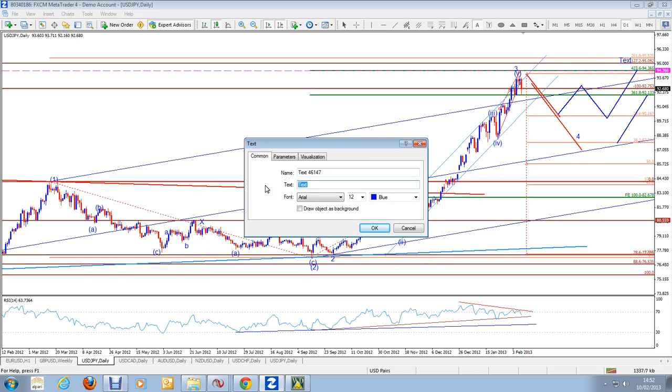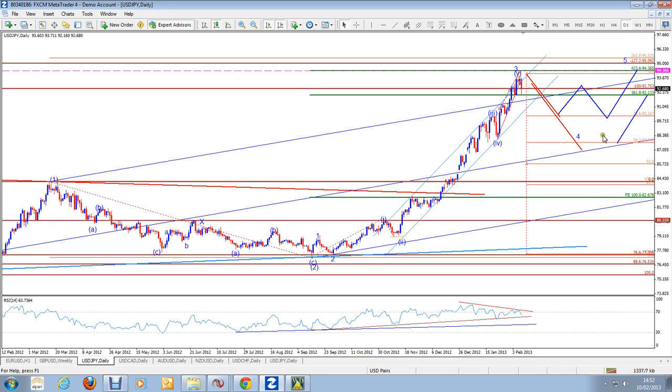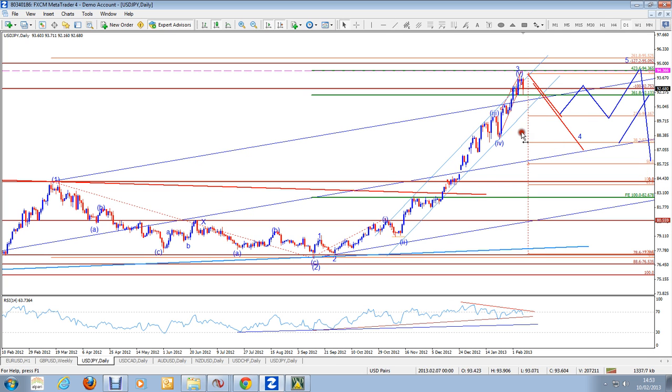So whatever we enter, if we enter at 90 or we enter at 88, and that's only on the confirmation that we've had an ABC decline over a reasonable number of days, then we are looking for the next target around 95 or fractionally higher. Okay, and after that we would expect a lot bigger decline, and that would complete the 5 wave up, ABC down, and then we'll be in the next cycle up.